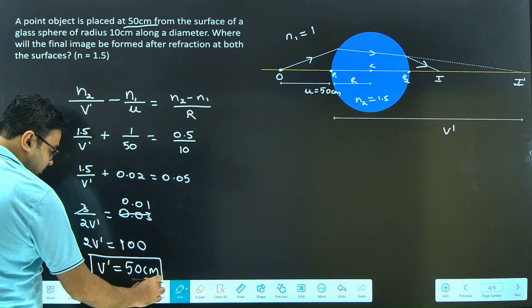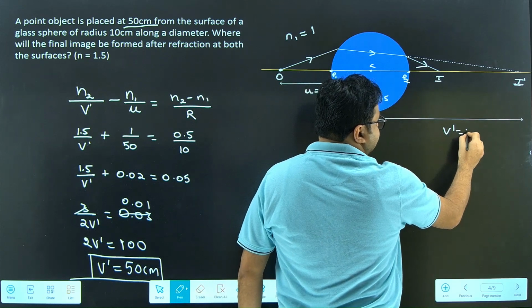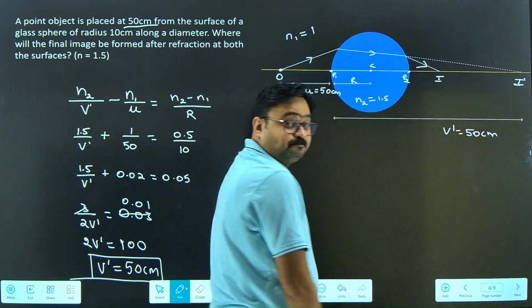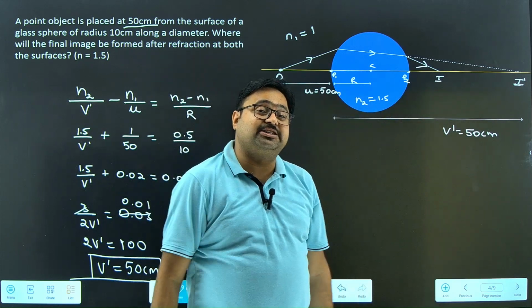So that means the image from this pole forms at a distance of 50 centimeter. That's where the image would form if only one refraction took place.